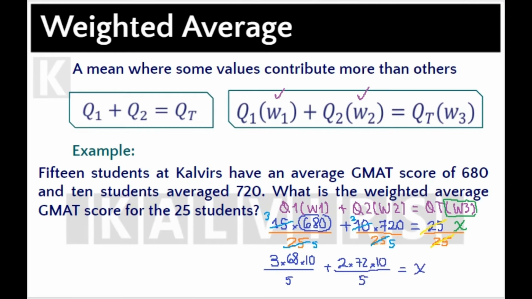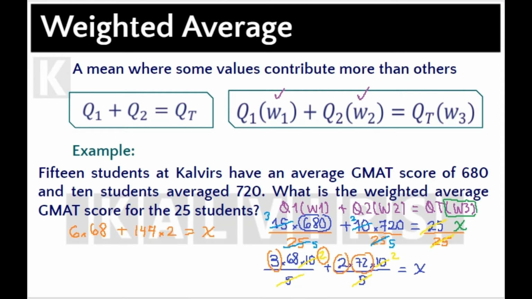So I can cancel this one, I get 2, 2. Finally we get 3 times 2, 6 times 68 plus 2 times 72, 144 times 2, and this is equal to x.